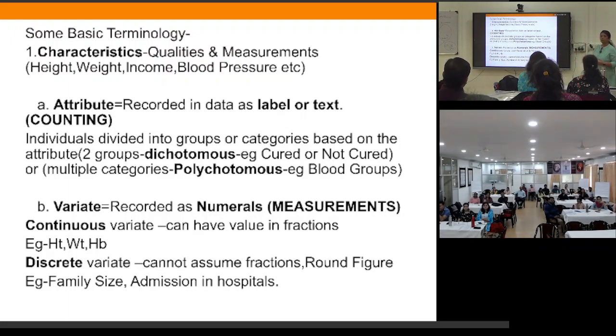A discrete variable has to be a whole number, it cannot assume fractions: family size, admissions in hospital, round figures. So in the variates you have the continuous variate and the discrete variate. Get this very clear, okay.